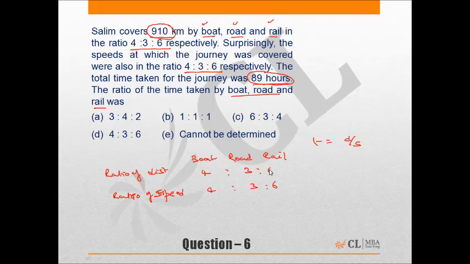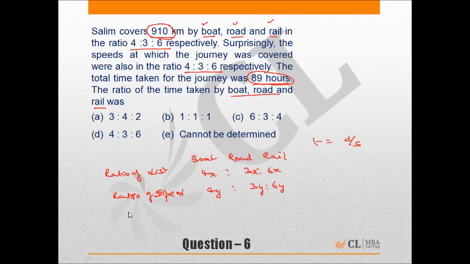So out here, in this question, the distances are in the ratio of 4:3:6. So let me assume 4x was done by boat, 3x was done by road and 6x was done by rail. Similarly, let me assume the speeds of the three modes are 4y for boat, 3y for road and 6y for rail.